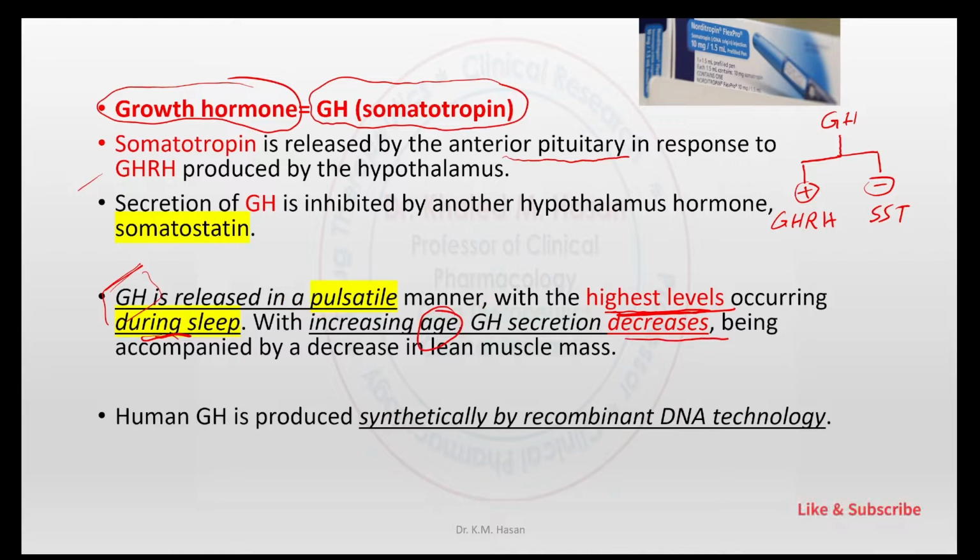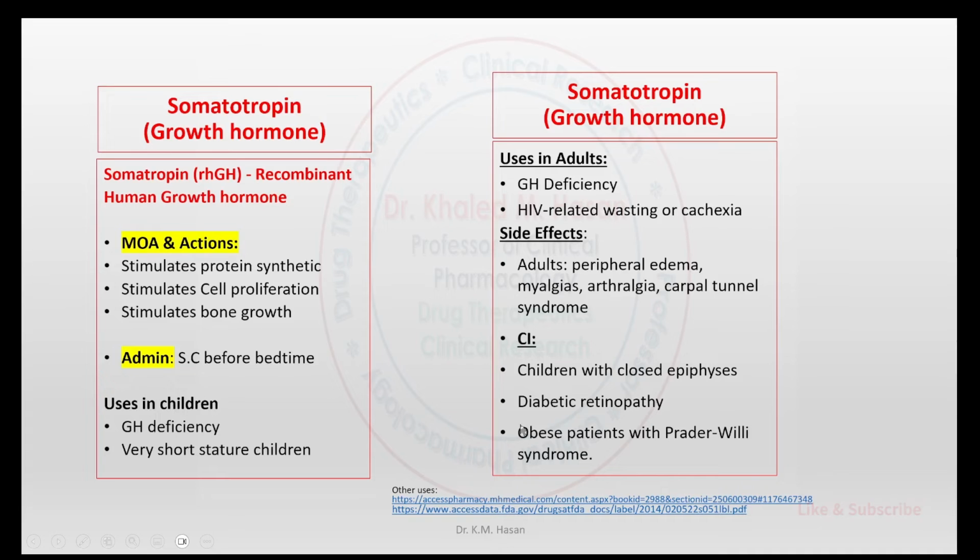What do we have in practice in general? In practice, we have recombinant DNA technology hormones. Speaking about this hormone, we have recombinant growth hormone, recombinant somatotropin. Remember that other name. How does this medication work?